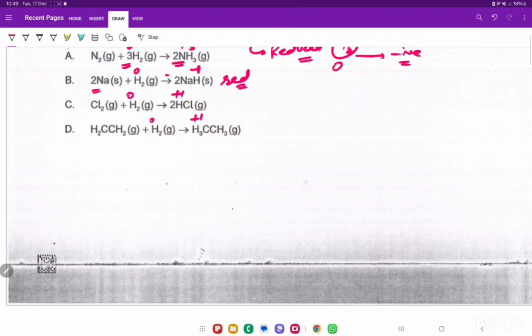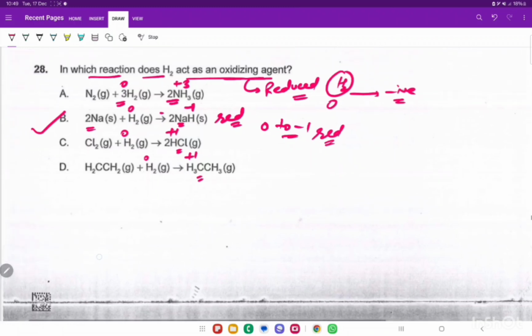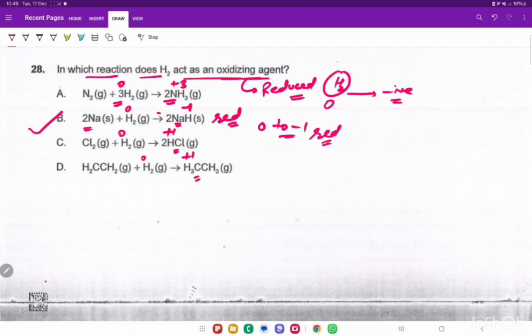In this case, chlorine is a non-metal, hydrogen is +1. In the sodium case, sodium is a metal, hydrogen is -1. From 0 to -1 is changing in option B. And when 0 to -1, it means reduction is happening. Therefore, hydrogen H2 is acting as an oxidizing agent. Answer is B. Question number 28, answer is B. Here, hydrogen is acting as an oxidizing agent.